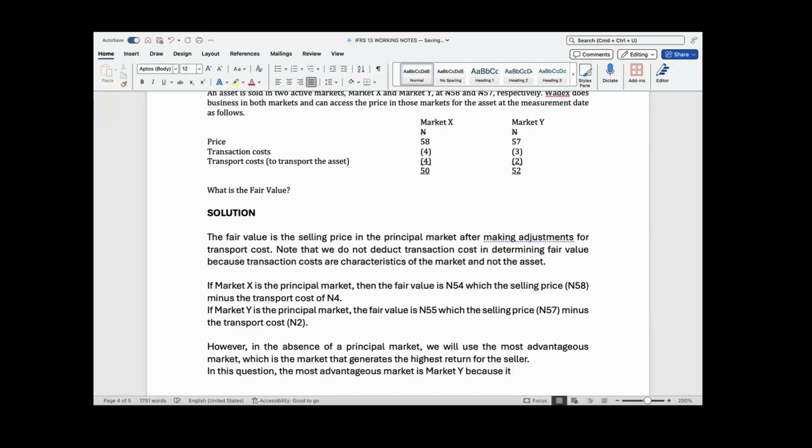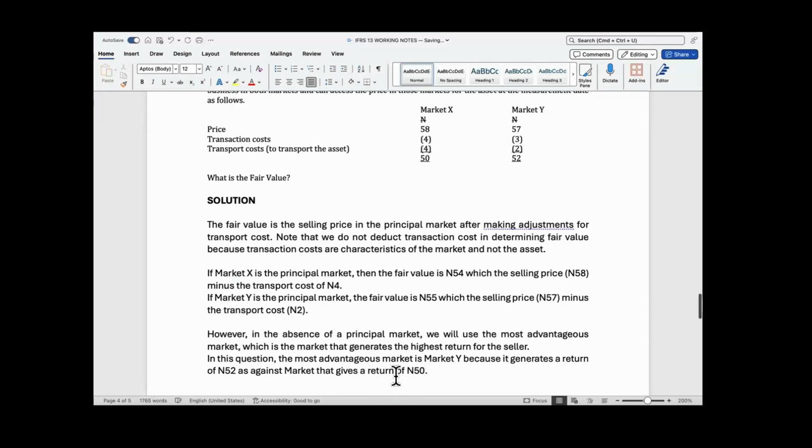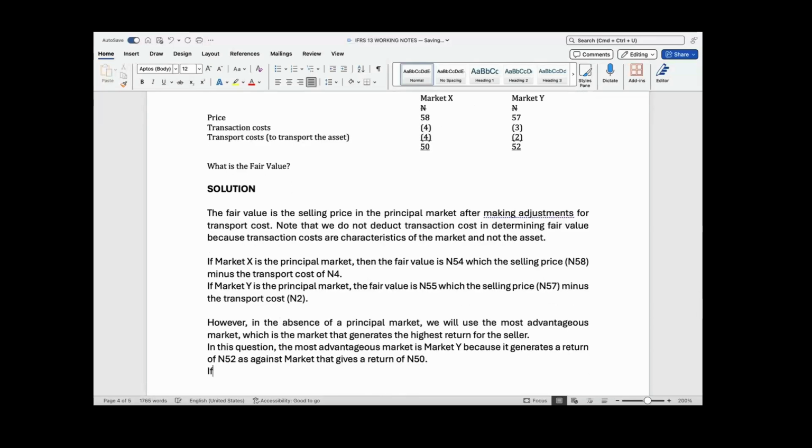because it generates a return of 52 naira as against market X that gives a return of 50 naira.